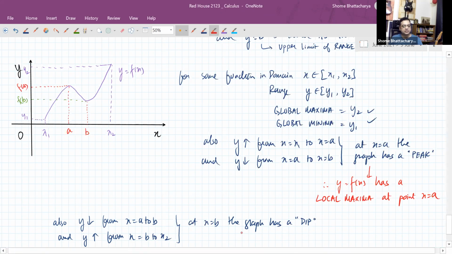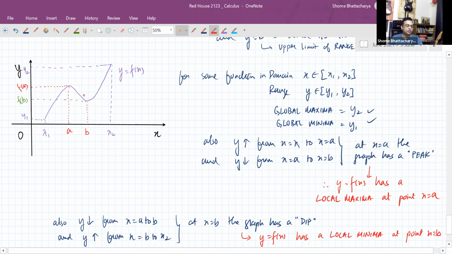So in the language of maxima minima, we say that y is equal to f(x) has a local minima, because again you can see that there are values of y which are less than f(b). But in an immediate neighborhood over here, it's reached a dip point, so it is called the local minima at the point x equal to b.